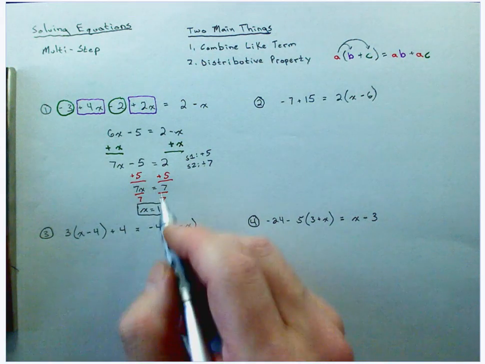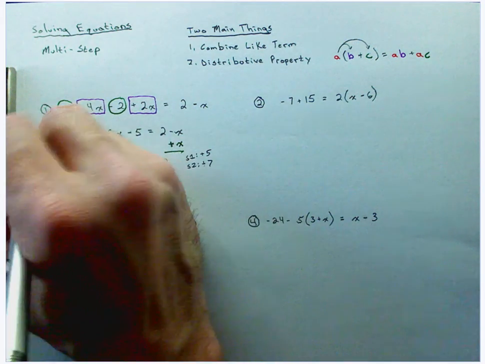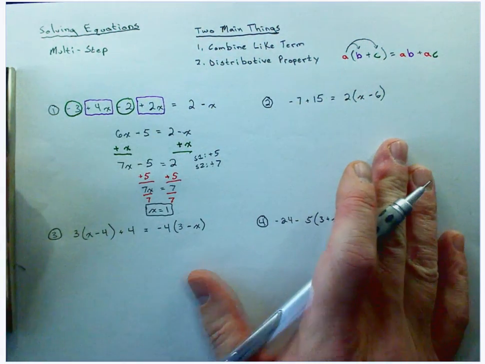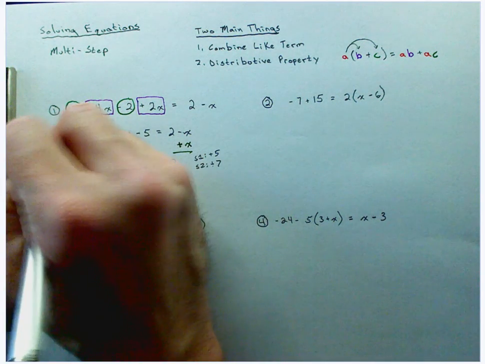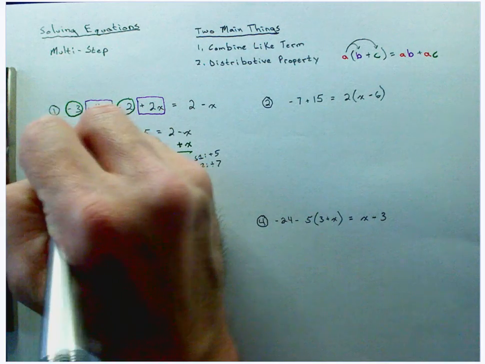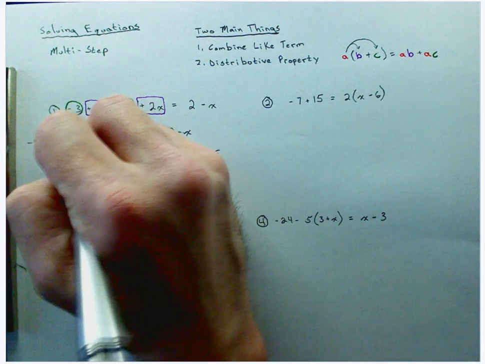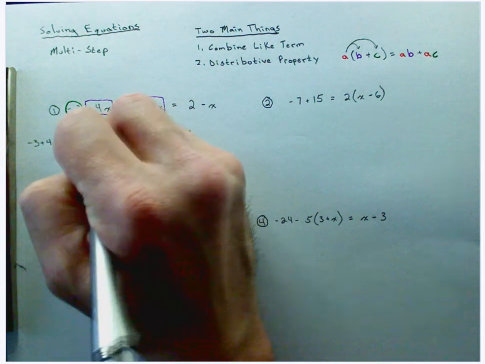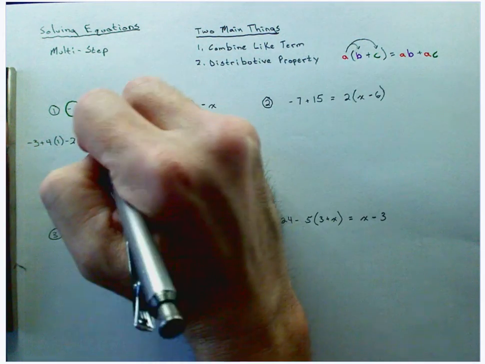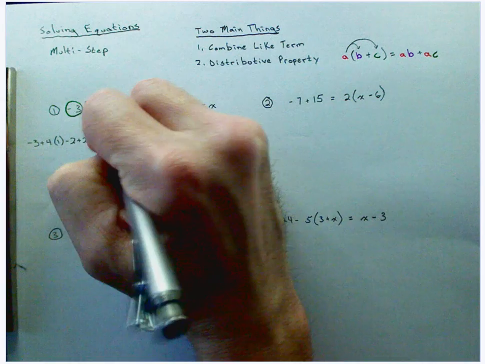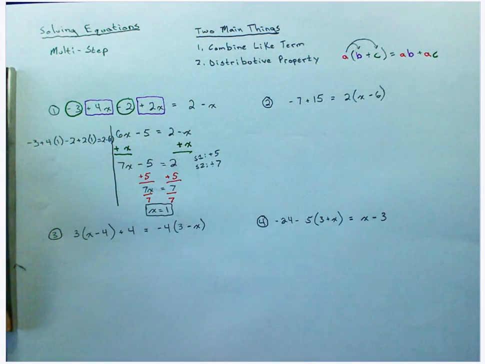And then I can take this and plug it back into my problem. Sorry, space is limited, so I'll write it over here. A negative 3 plus 4 times 1 minus 2 plus 2 times 1 equals 2 minus 1.